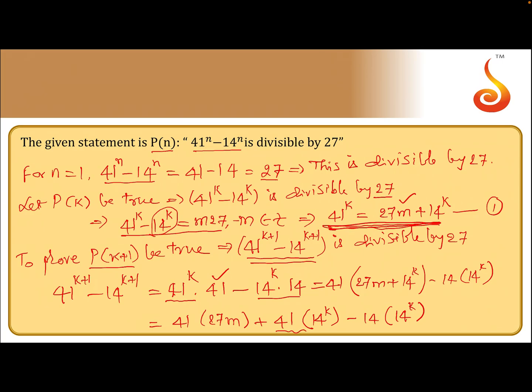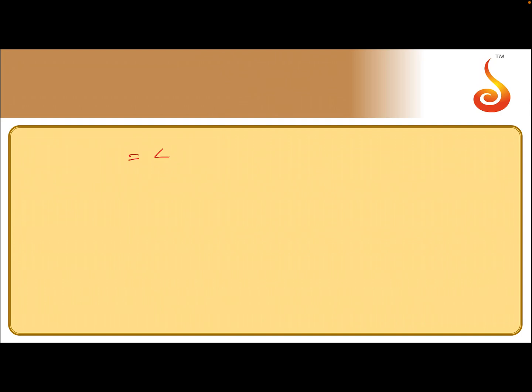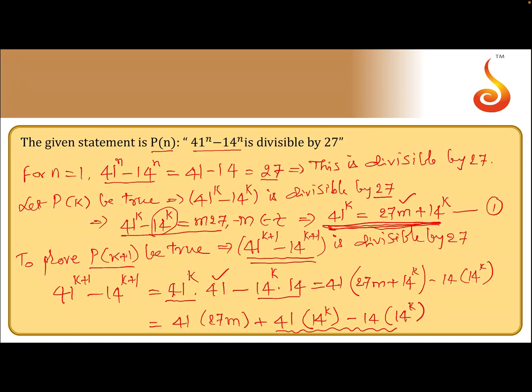So in the next two terms, taking common 14 to the power of k, that is equal to 41 into 27 times m plus 14 to the power of k common, if you take out, it is 41 minus 14, the value is 27.